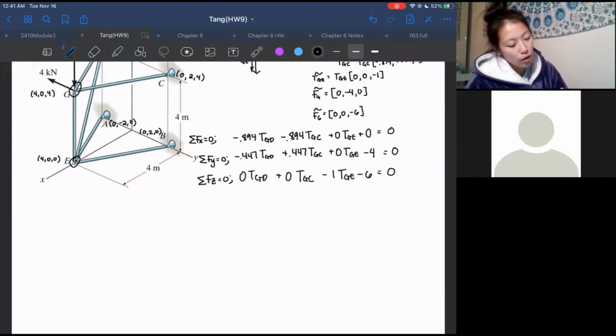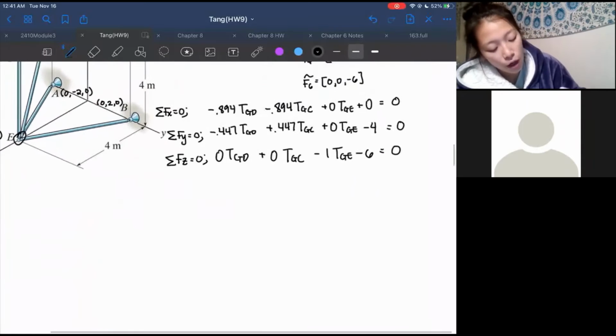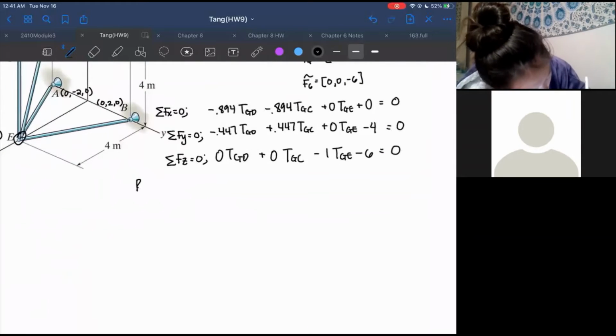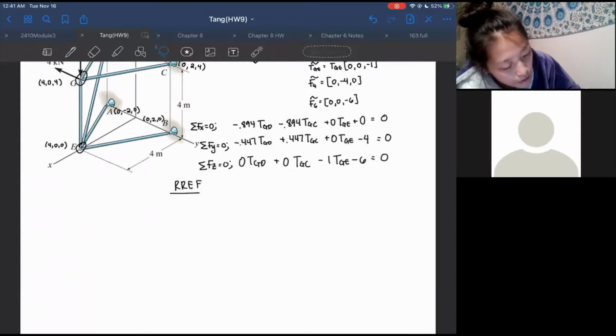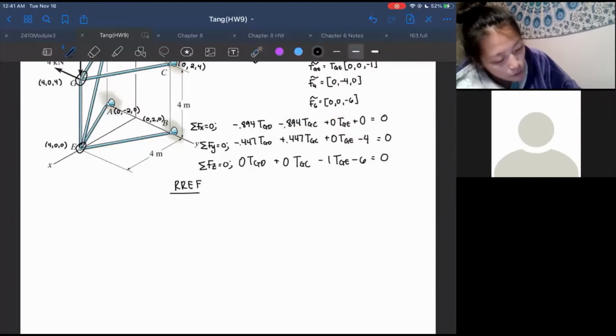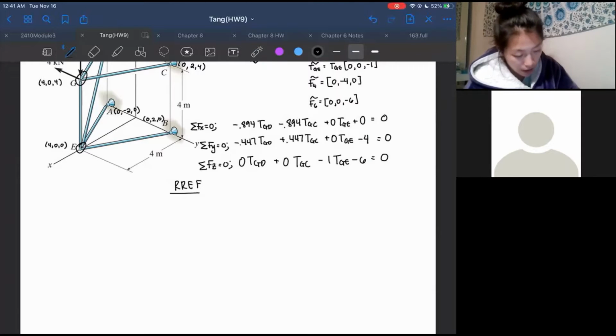And the easiest way to solve this is just using a calculator, making a 3x4 matrix, and then using RREF. Our matrix will include every number across. And I'll be moving the -4 and -6 to the other side.